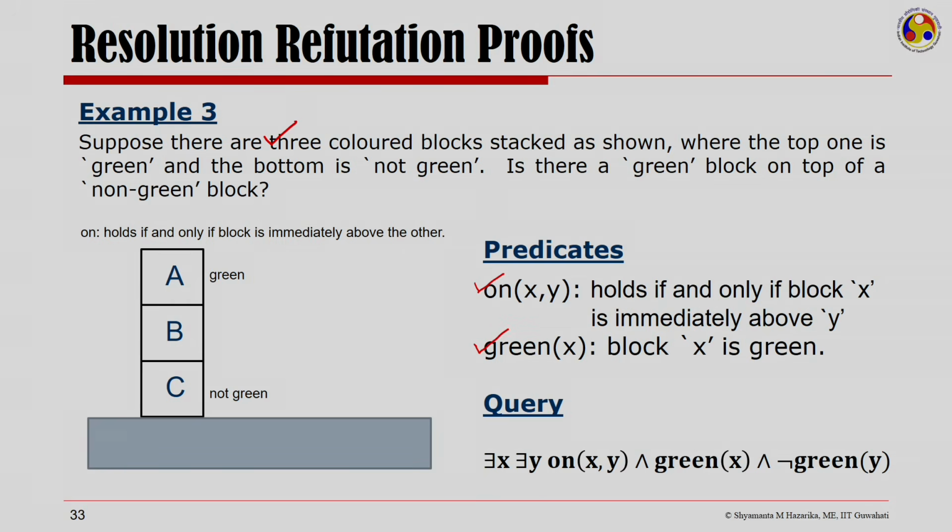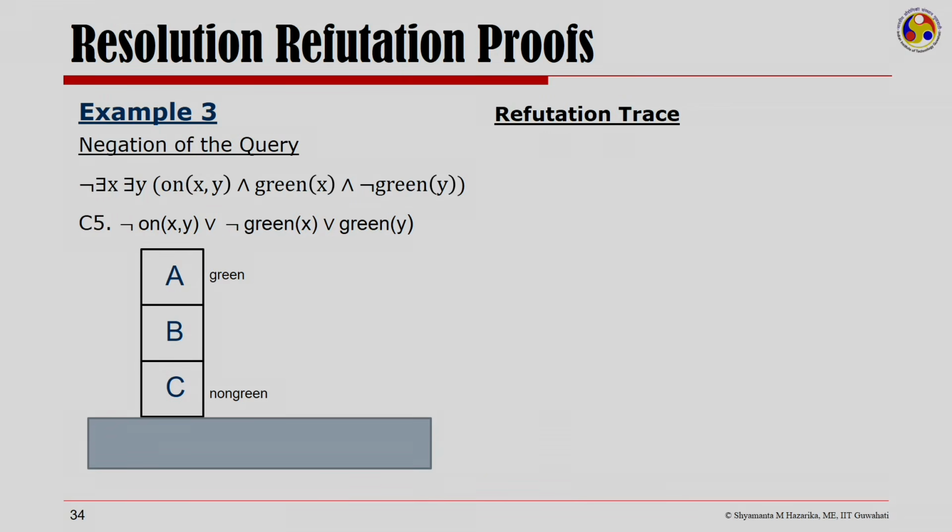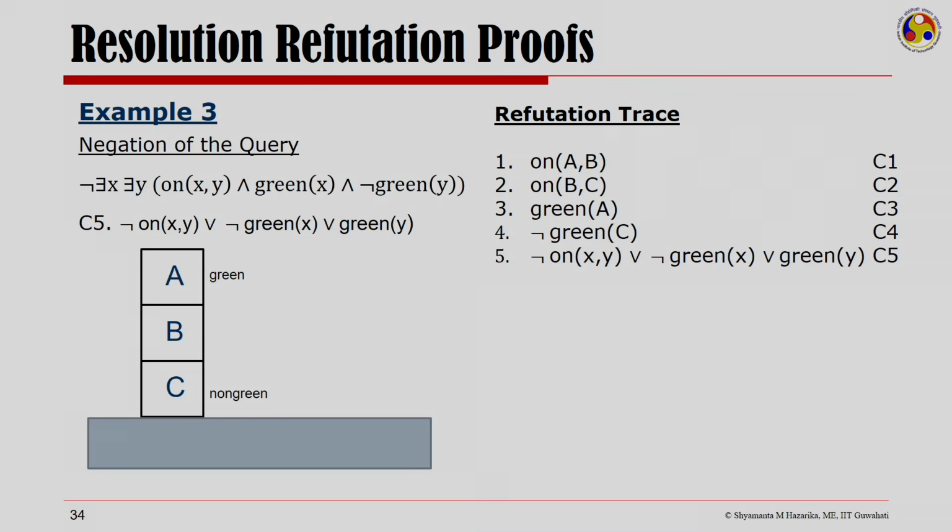And is there a green block on top of a non-green block reduces to a query: there exists an X, there exists a Y, on(X, Y) and green(X) and not green(Y). So these clauses are already in clausal normal form except the query.